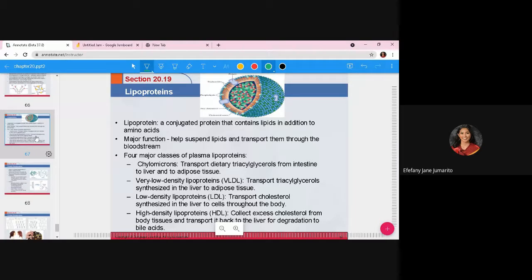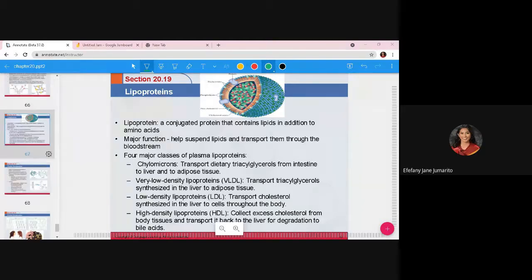Now, between the two, which is the good and bad cholesterol? Okay, which is a good cholesterol? LDL or HDL? LDL, ma'am.